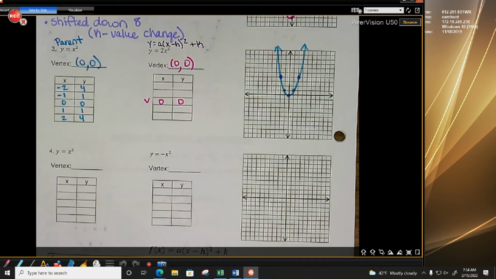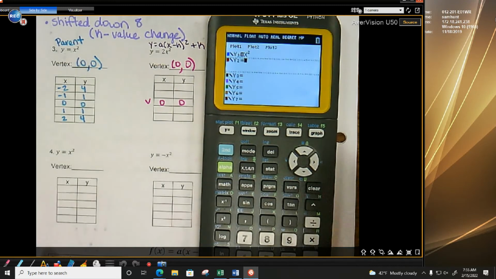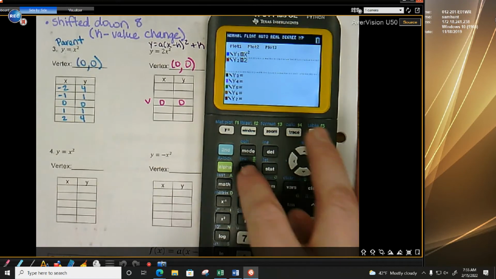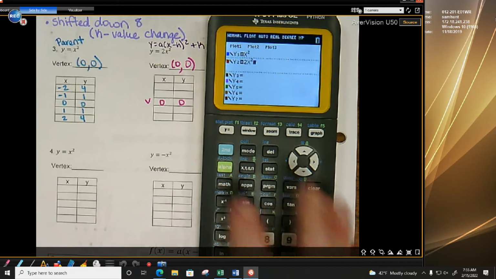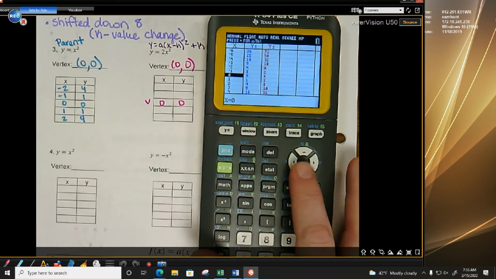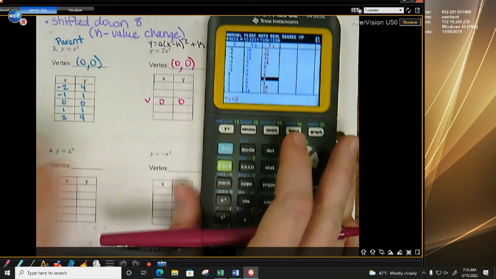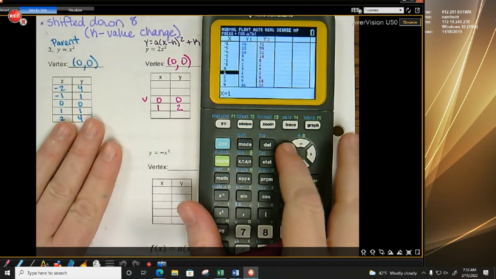Okay? So let's go to y equals on our calculator. Keep your parent function in. And I'm going to type in 2x squared. Okay, what's right below 0, 0? 1, 2. What's right below 1, 2? 2, 8.